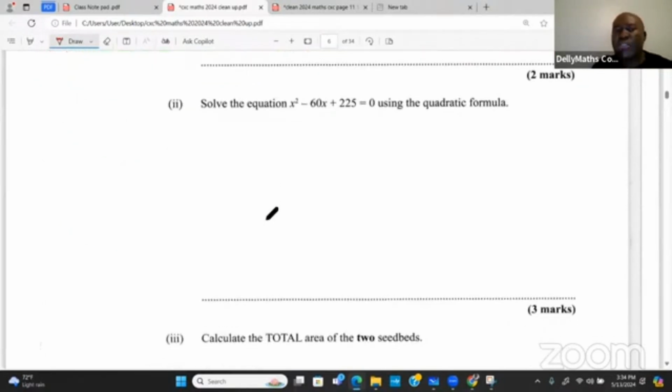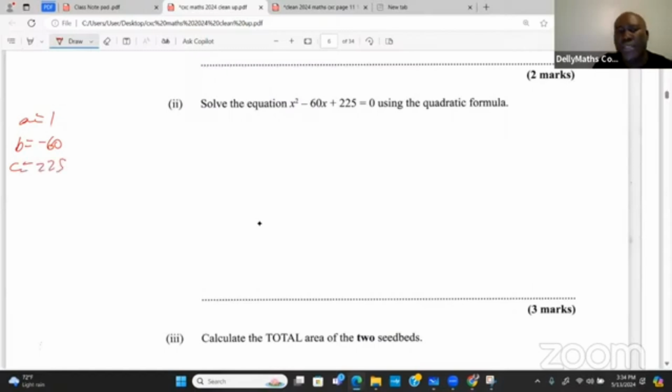Now they're asking us to solve this. When I'm checking this out, it cannot be factorized. So we want to list what is A, B, and C: B is negative 60, and C is 225.